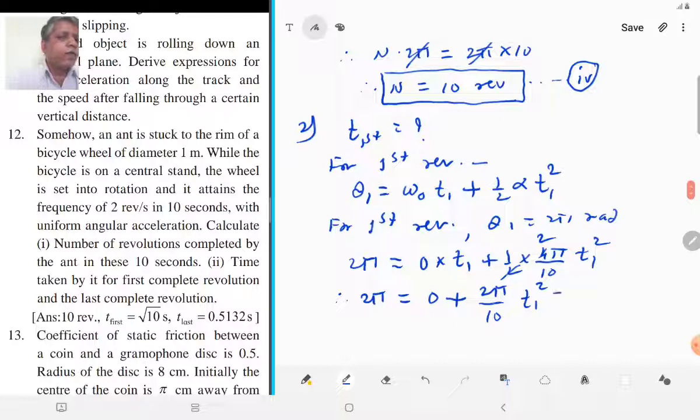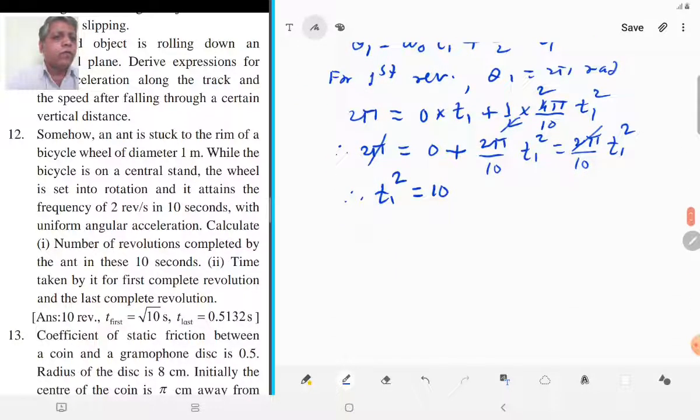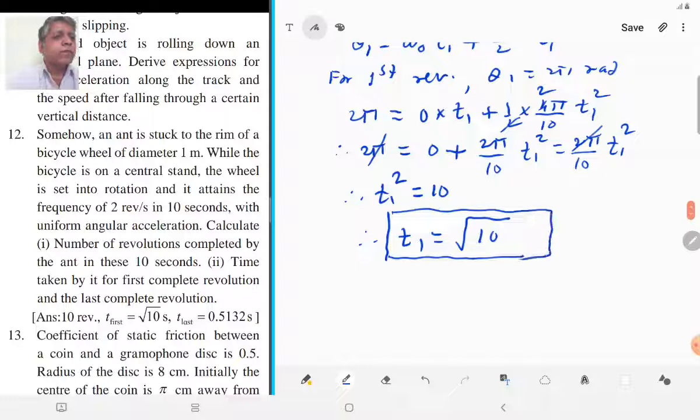This is equal to 2 pi upon 10 into t1 square. 2 pi gets cancelled, therefore t1 square is equal to 10. Taking square root on both sides, we get t1 is equal to square root of 10. This is our second requirement. This is time, its SI unit is second. This equation is said to be equation number 5.